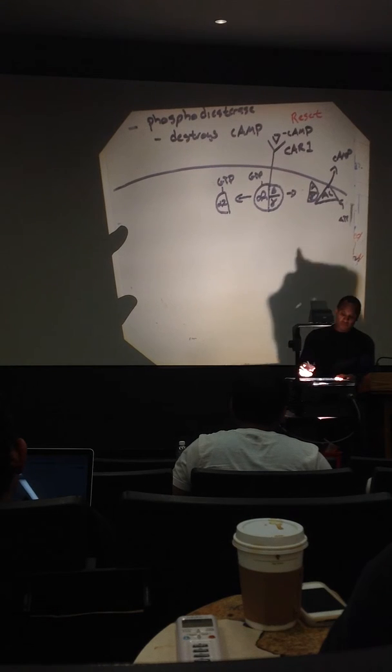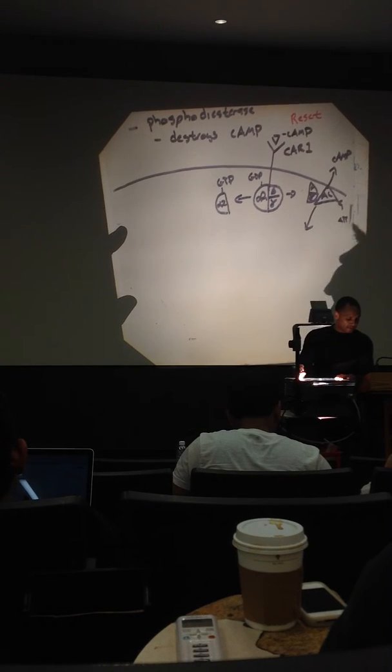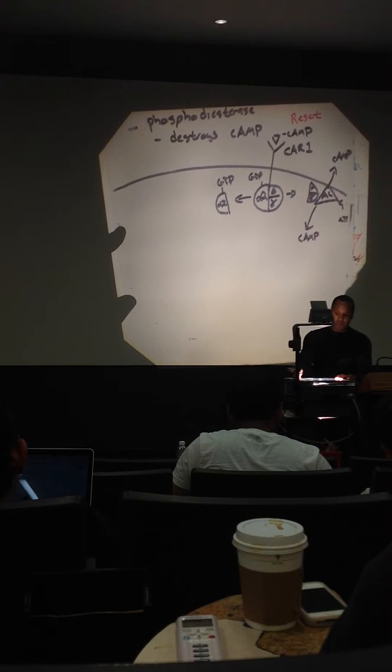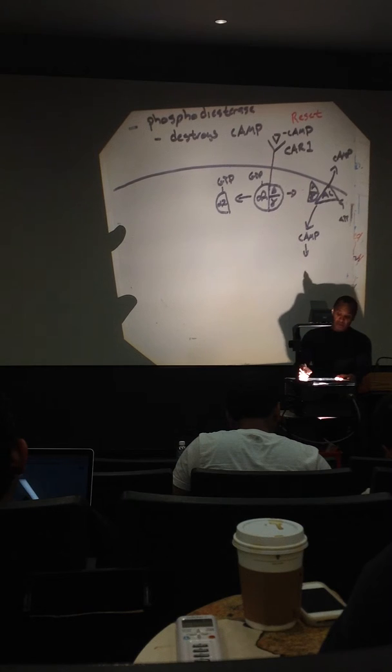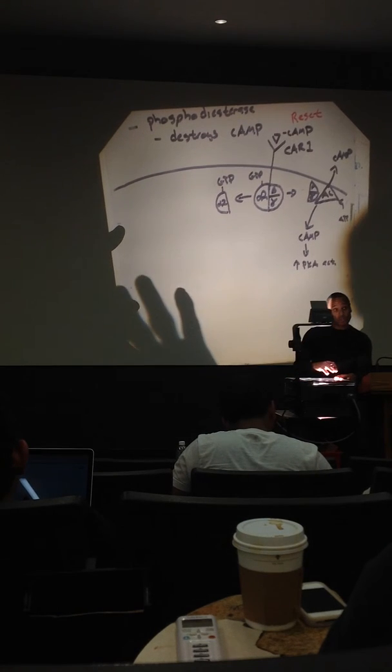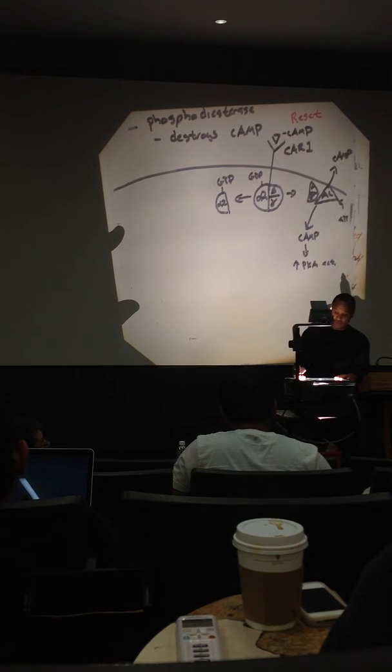But in addition, that cyclic AMP is used internally. That cyclic AMP, as we just found out, can be used to increase protein kinase A activity. And that protein kinase A actually ends up going into the nucleus and activating transcription.